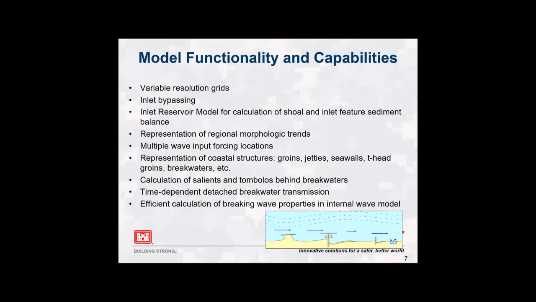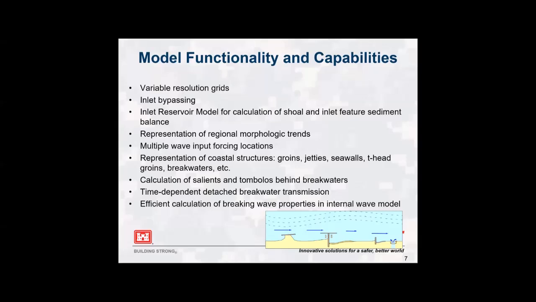So if you want to use external wave modeling, like STWAVE or CMS-Wave, you could apply that forcing to the GenCade modeling to get the effects of a change in bathymetry on the local shoreline.